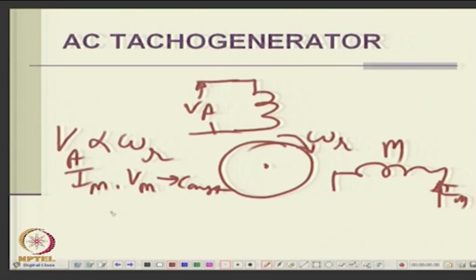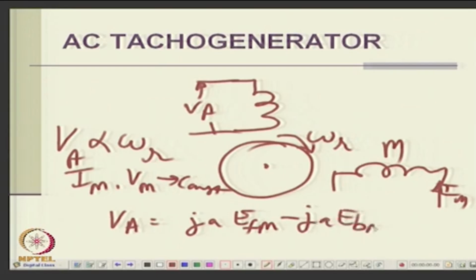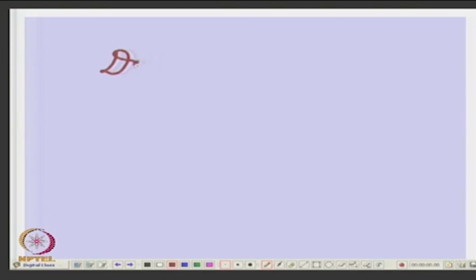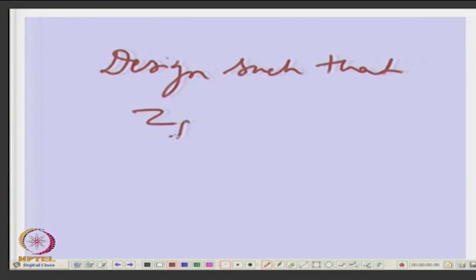And you already know what V A is. What is the induced voltage V A in that case? It will be j A E F m minus j A E B m, is it not, or j A I m into Z F minus Z B. So, the whole design should be such that Z F minus Z B is proportional to speed.